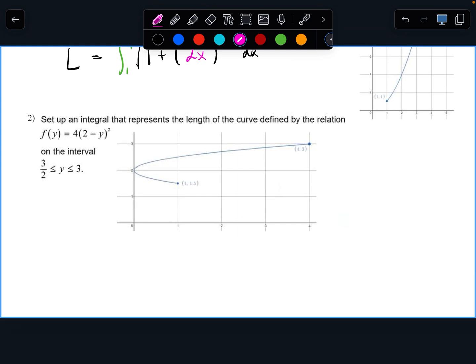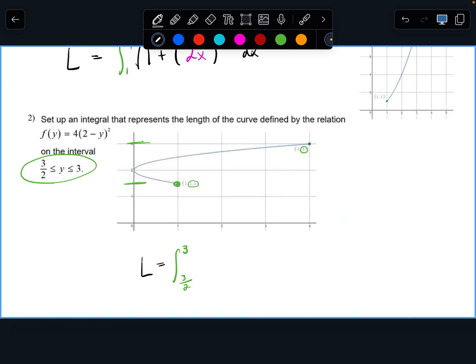So for this one, you're going to do L equals, and then you're integrating on this interval. Again, we're looking at the y's. Say they didn't give it to us, we're integrating from here to here. We're counting up all the little tangent line distances from 3/2 to 3.